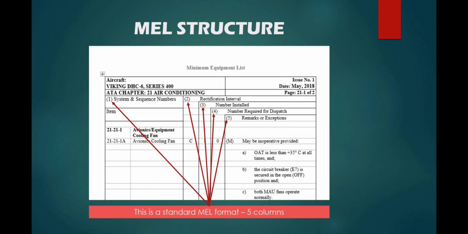Number 2 column is for rectification intervals. Number 3 column is number installed. Number 4 column is number required for dispatch. And the 5th and last column is remarks or exceptions. So let's discuss each column one by one.